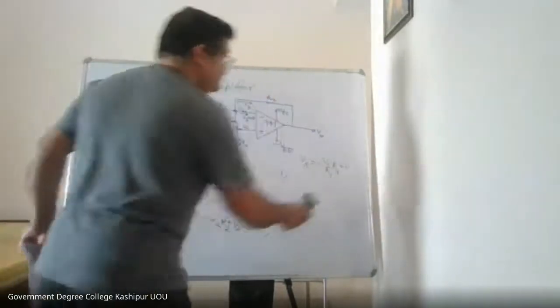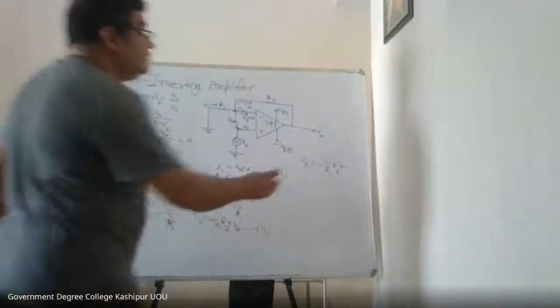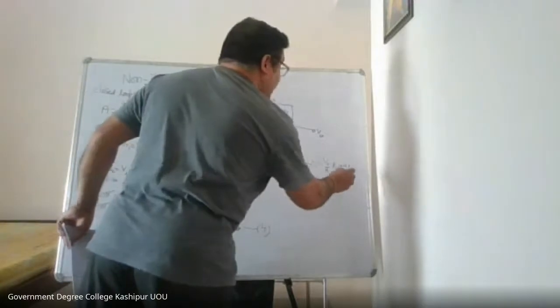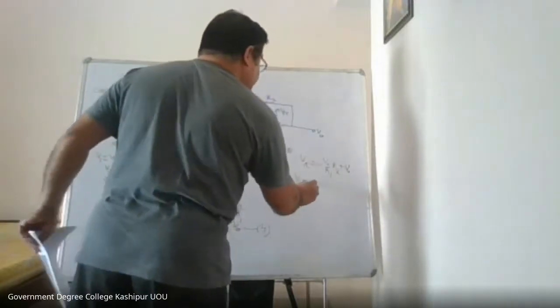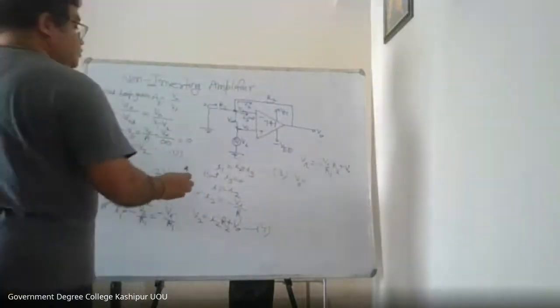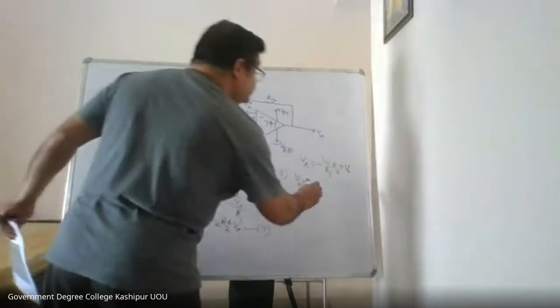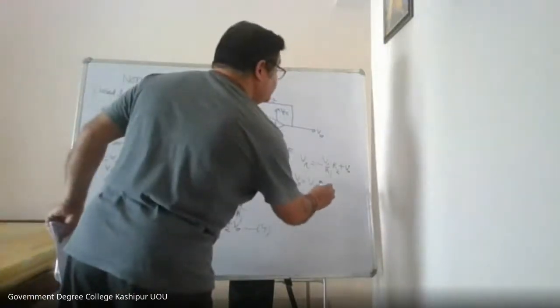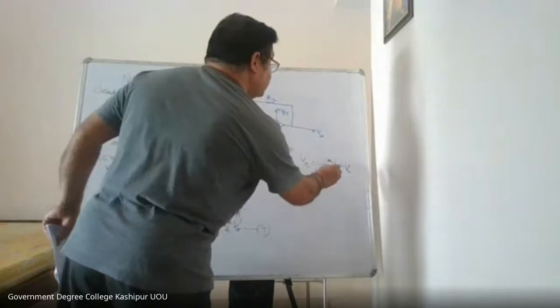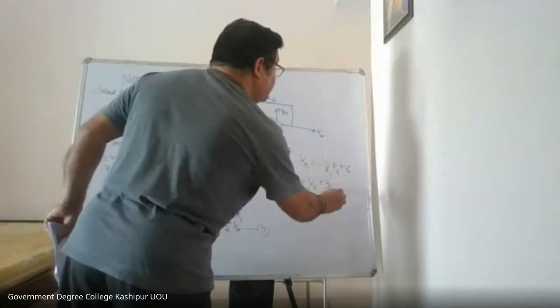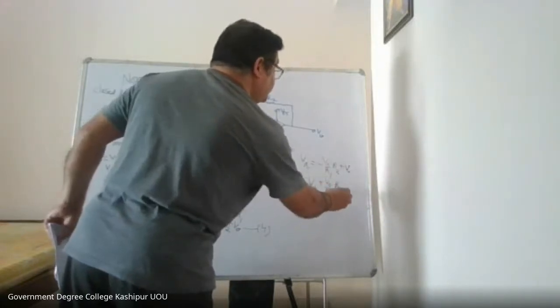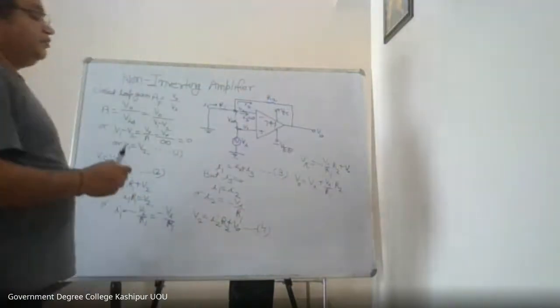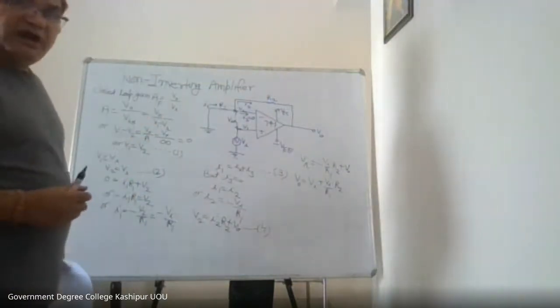This is VO. And VO equal to Vi plus Vi upon R1 into R2.